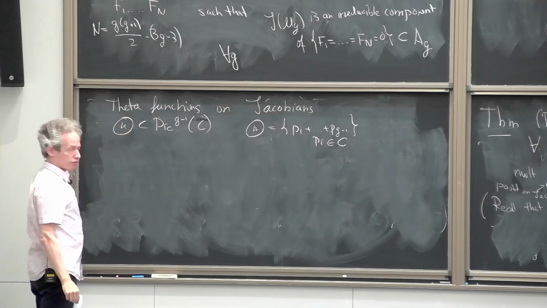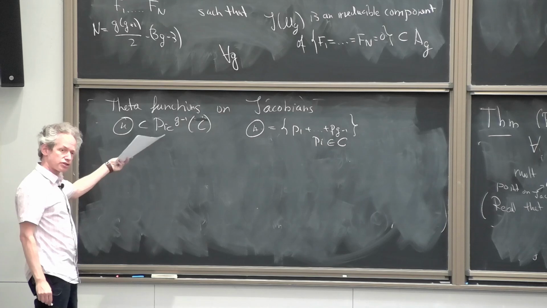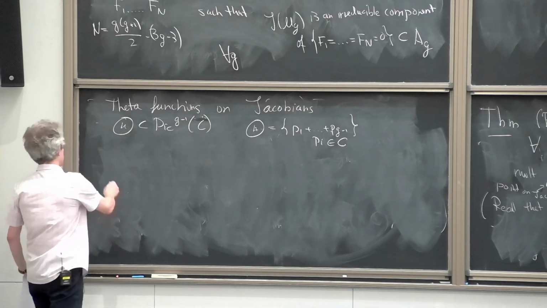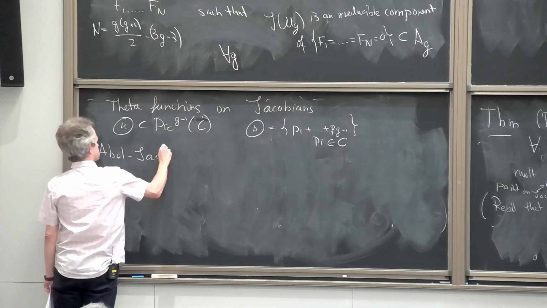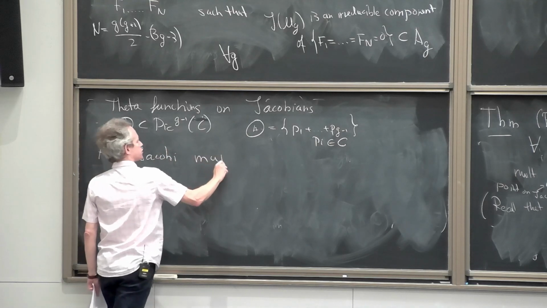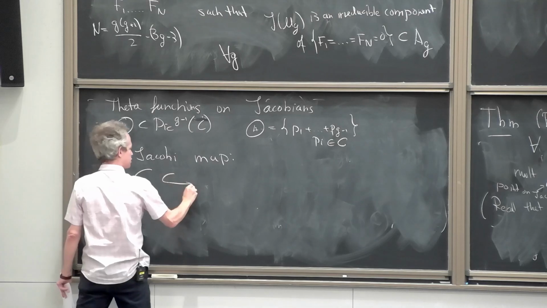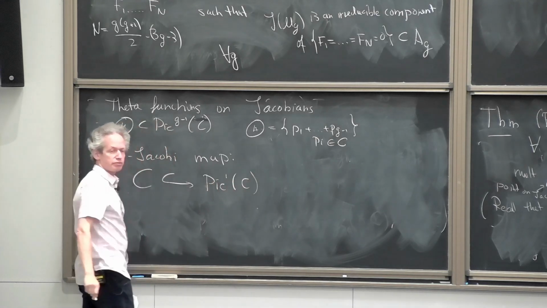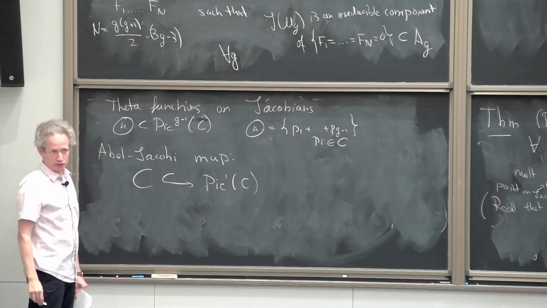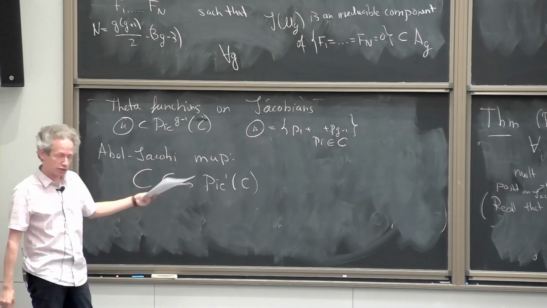Now I want to try to think of theta, which of course sits in the Jacobian, as a function of the curve itself. Let me tell you first that this requires thinking about the curve as sitting inside the Jacobian. There is the Abel-Jacobi map that takes a curve C and embeds it in its Jacobian, but sadly it doesn't quite go to Pic^{g-1}, it goes to Pic^1 always. Which of course you can then identify with Pic^{g-1}, Pic^0, but that's not canonical.